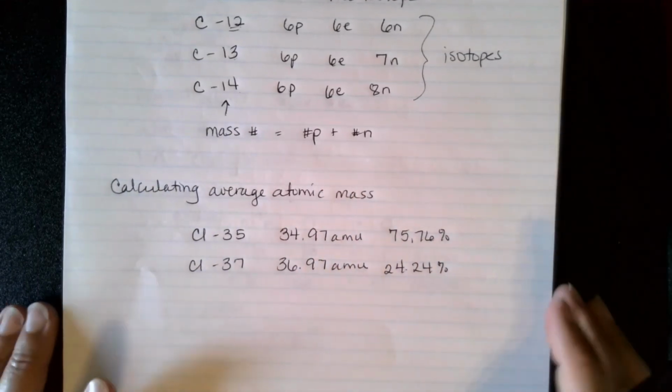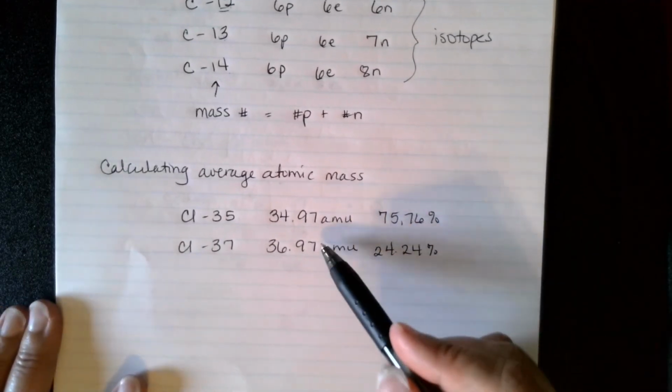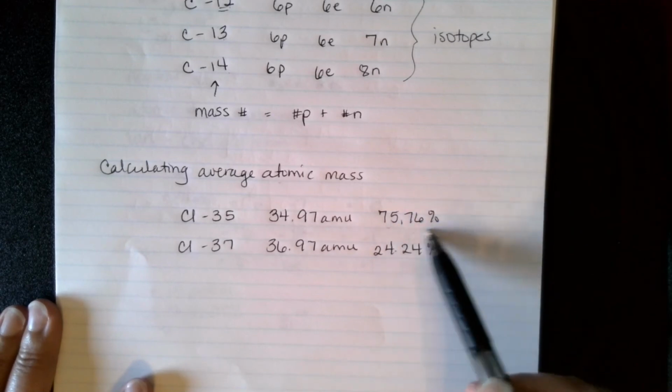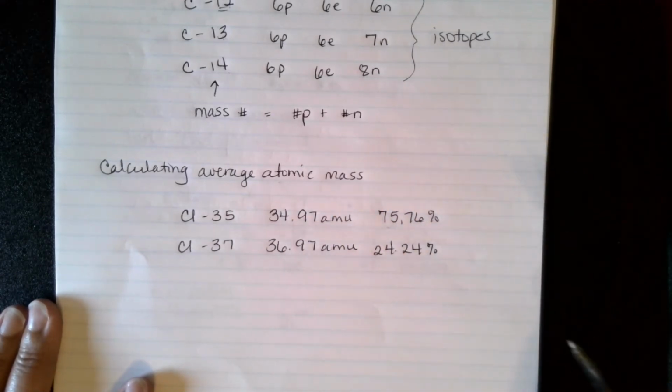Now, we're not going to do a straight average, so we're not going to add those up and divide by 2. We're doing a weighted average, which means this one is more abundant, so the average mass is going to be closer to this 35.